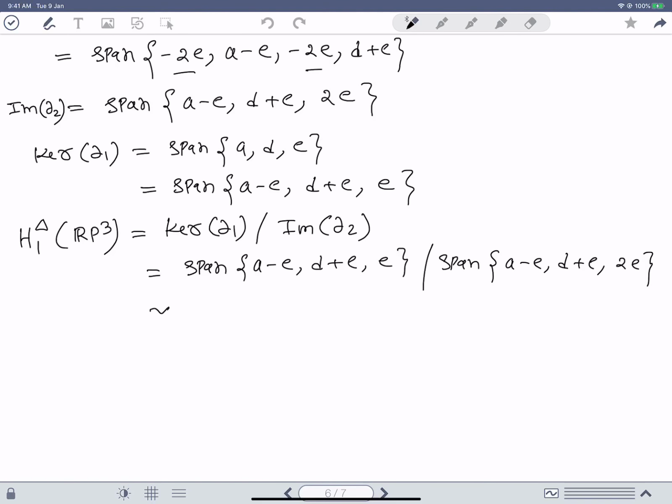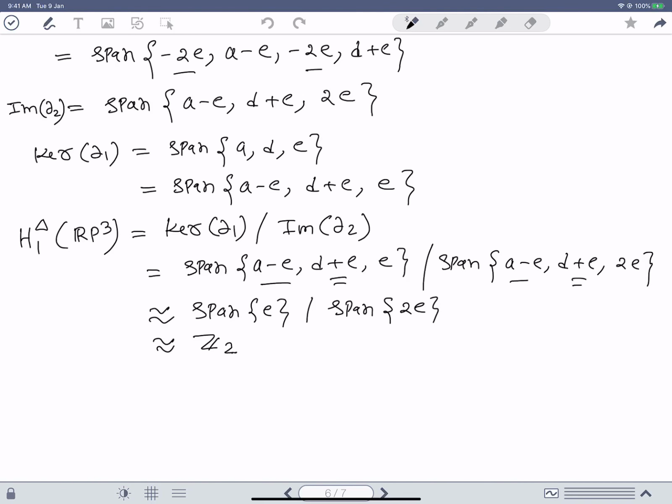And since these terms are the same, it is isomorphic to span of e quotient with span of 2e, so that is isomorphic to Z2.